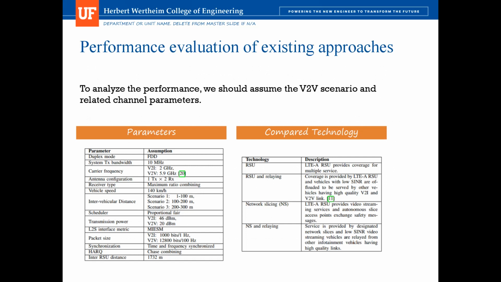During the performance evaluation of existing approaches, we need to first assume the scenario, and we need to build some channel parameters. The left picture shows the parameters we build. First, we use the duplex model. We use FDD. We use a vehicle speed of 140 kilometers per hour.